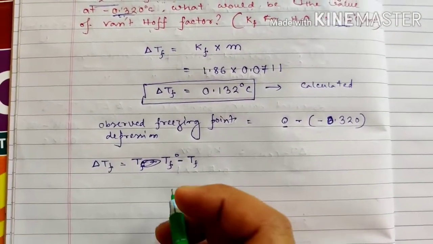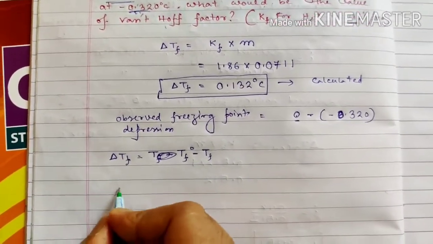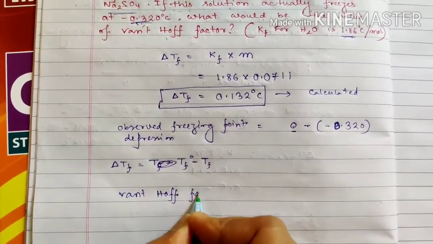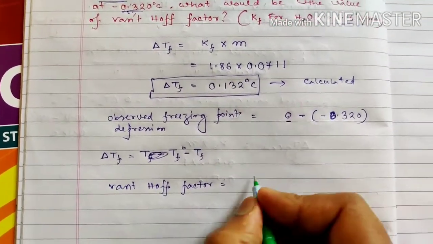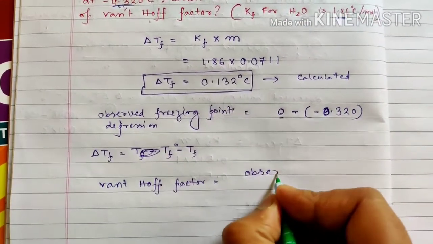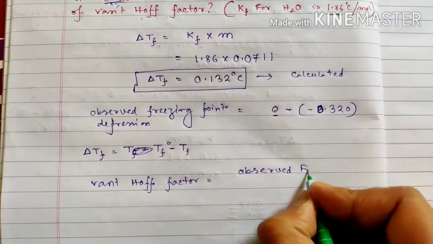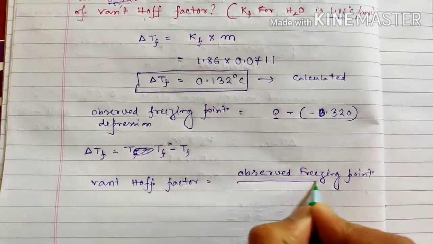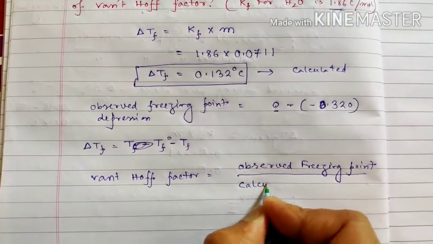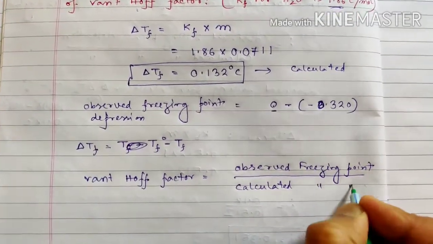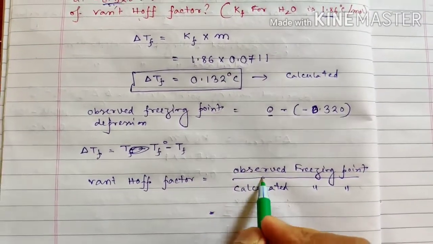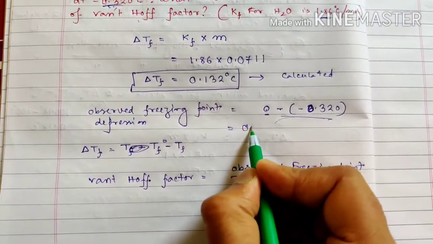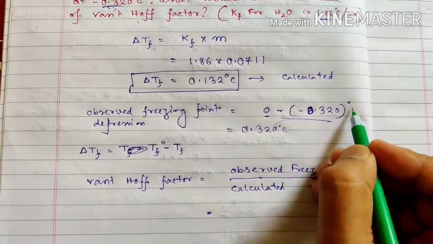So keeping that in mind, we should be writing the Van't Hoff factor, which is equal to, as we have done in the previous case also, the observed freezing point depression by the calculated freezing point depression. The observed freezing point depression that we have is 0.320 degrees Celsius.